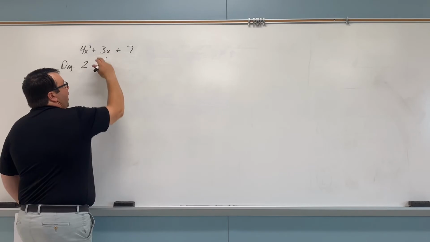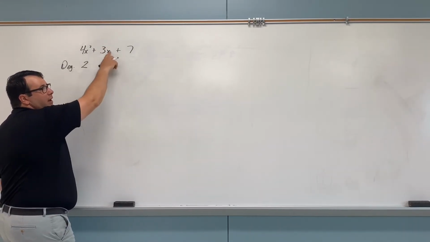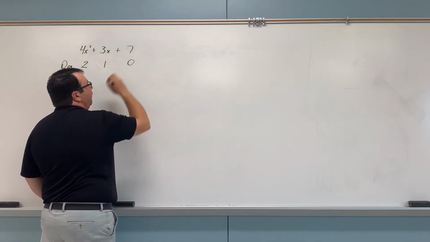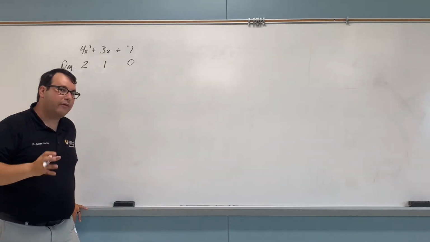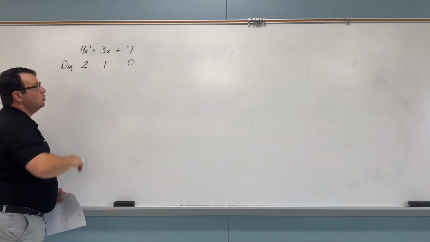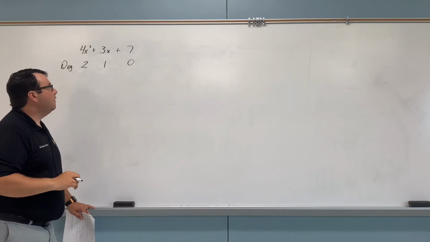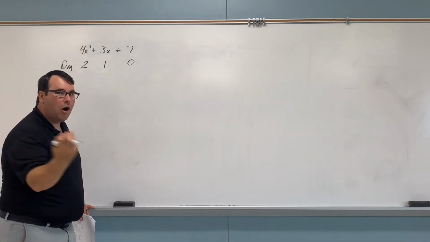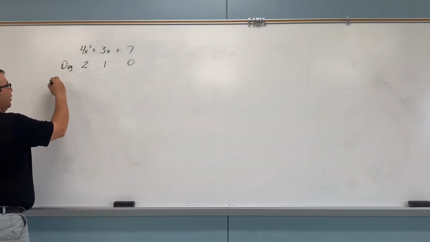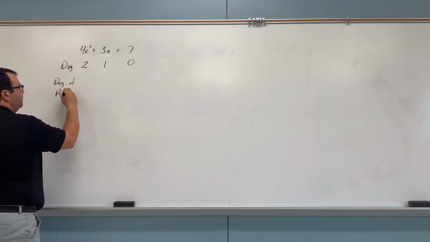This has a degree of 1 for this second or middle term. This has a degree of 0 because I do not have a variable. And so as I'm looking at these individual degrees for each individual term, I can then say, well, if I look at all of them together for the entire problem, I can get the degree of the polynomial.